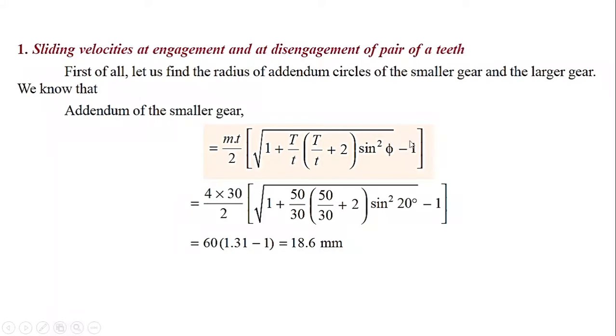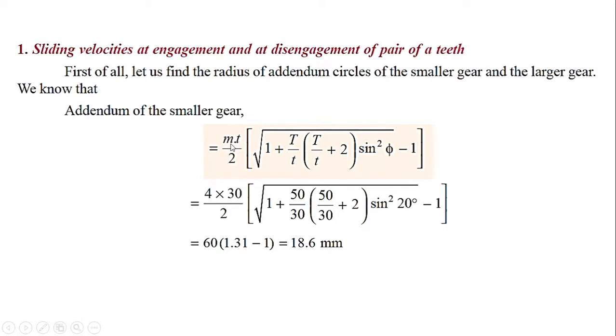Here the minus 1 is outside of the square root. You are aware, here only you may make a mistake at the point of exam, so be aware of this area. Now all the values we know.